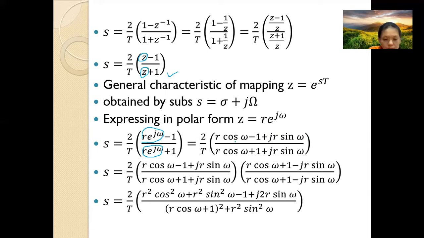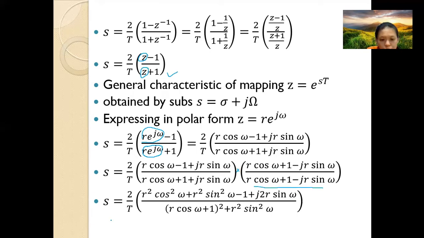So we just put it inside the equation, so we get r cos omega minus 1 plus j r sine omega, divided by r cos omega plus 1 plus j r sine omega. Okay, then we multiply it with our conjugate.